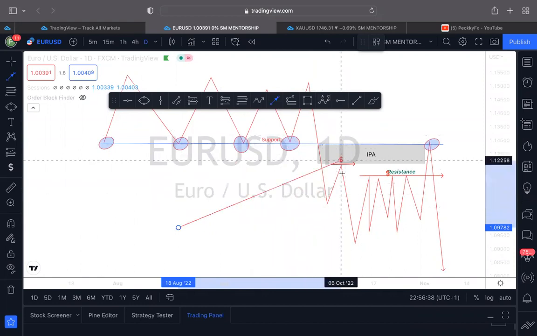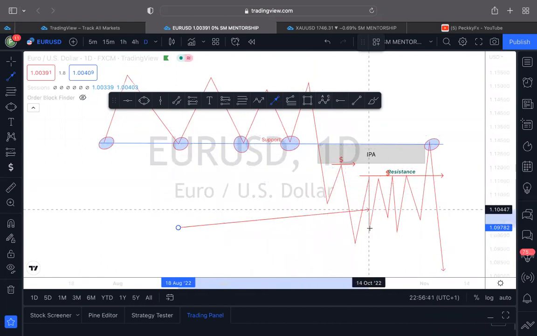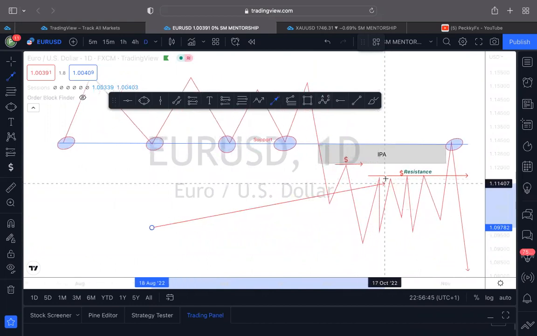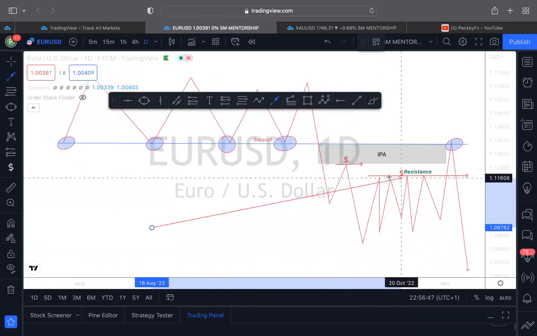Then the market started creating lower lows and, just like that, lower highs. And from there, we started seeing some new resistance being formed in the middle of nowhere. That's where you're going to ask yourself, is the market forming a virtual resistance where you don't even know why it's giving you resistance there? There must be previous data as to why the market is stalling somewhere.